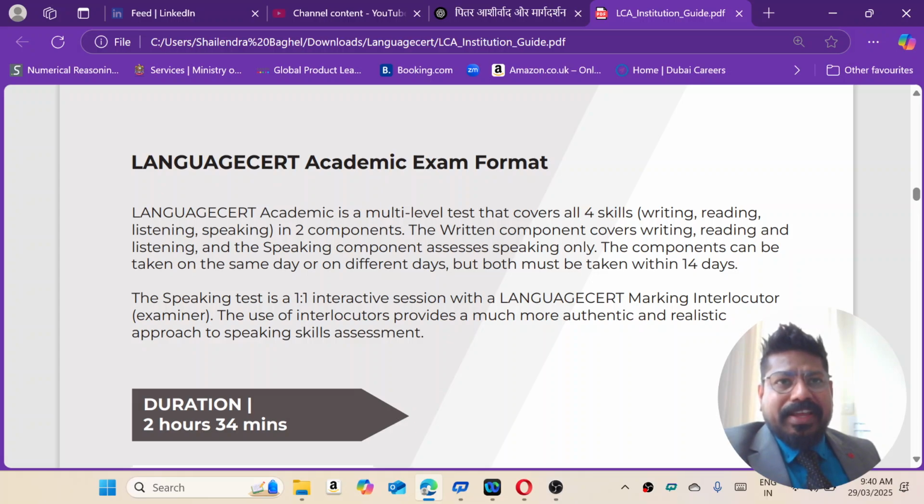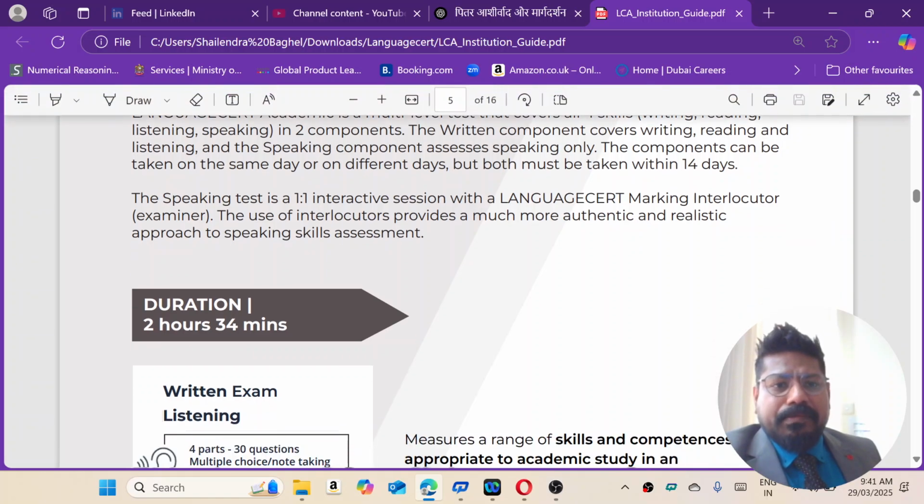Normally, if you're going for any kind of higher education, PhD, masters, bachelor's as well, they look for academic. However, if you're going for migration, or finding an opportunity in the corporate sector, etc., you go for the general one, purely depending upon the need.